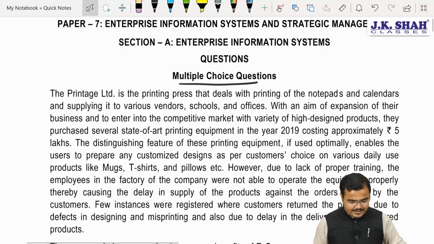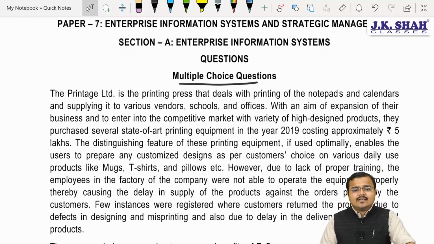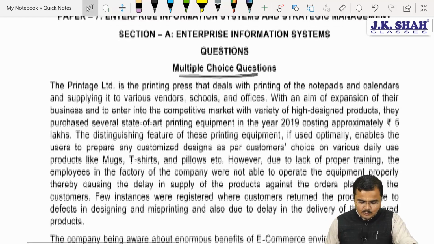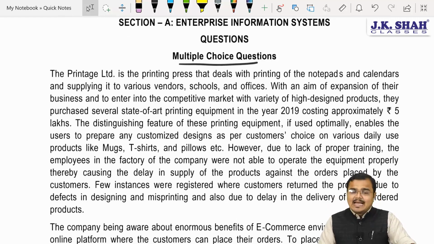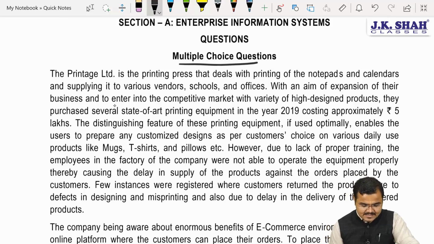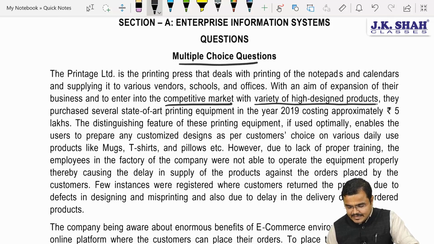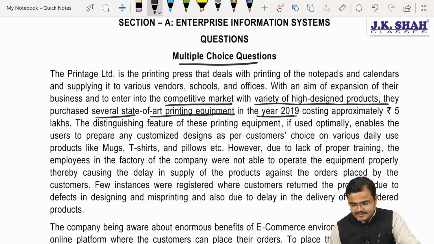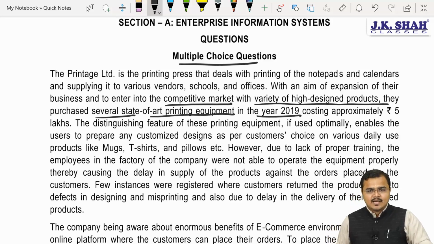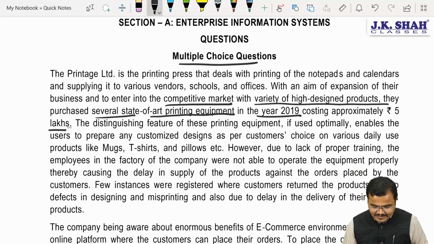The Printage Limited is a printing press that deals with the printing of notepads and calendars and supplying them to various schools, vendors and offices. Good, so nice. With the aim of expanding their business and entering the competitive market with a variety of high designed products, they purchased several state-of-the-art printing equipment in the year 2019, approximately, which cost them 5 lakh rupees.